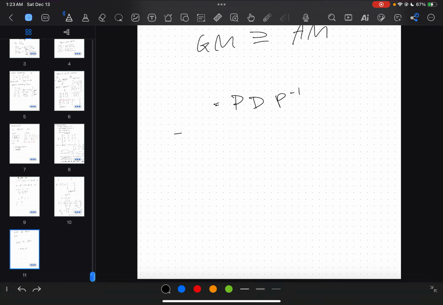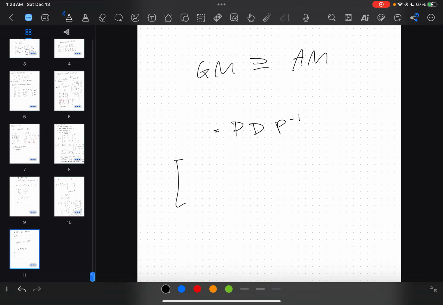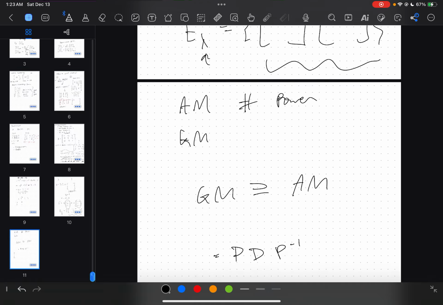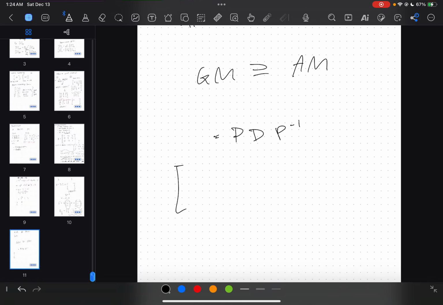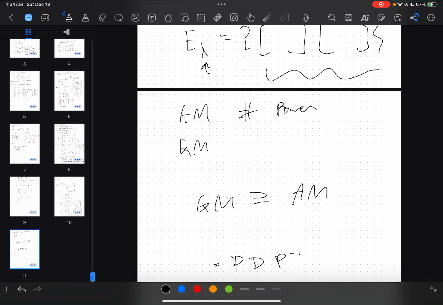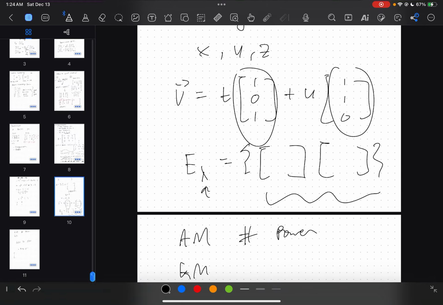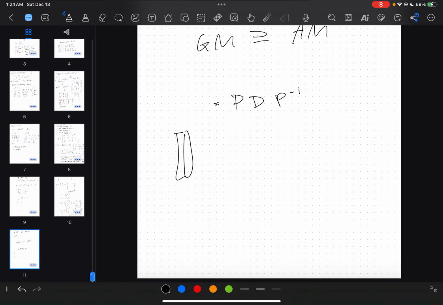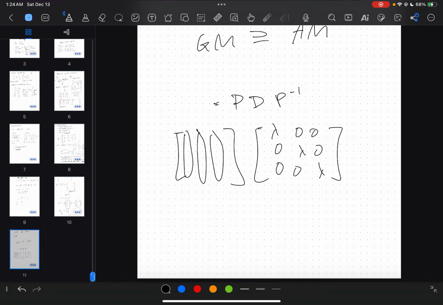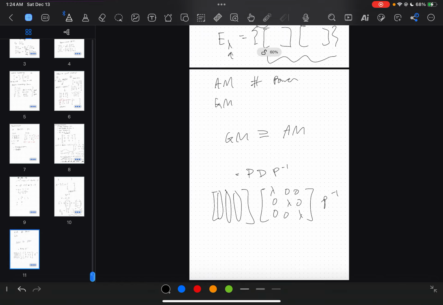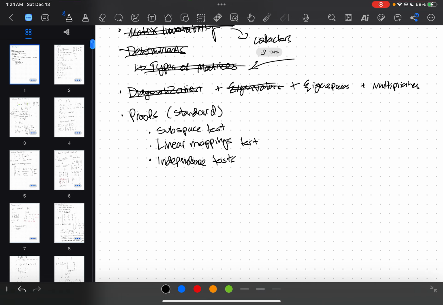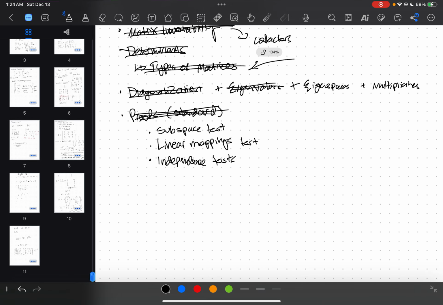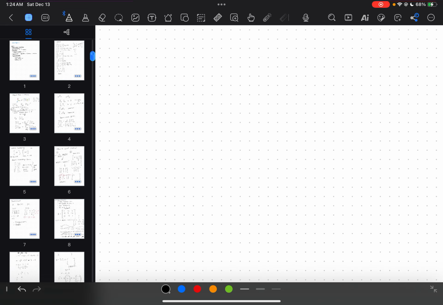And so P is all of our, what is it, all of our eigenvectors, where D is the eigenvalues with zeros elsewhere, and P inverse is just the inverse of P, I believe. We'll have to verify that, but it should get you pretty close.